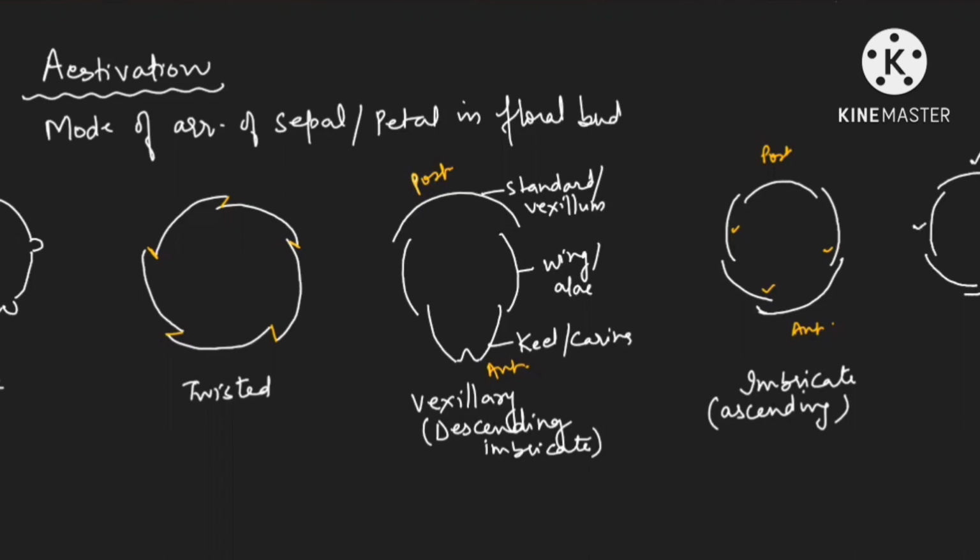Clear? And these two are the ones which got overlapped. Only one is in twisted condition. So this type of estivation is also known as quincuncial estivation.